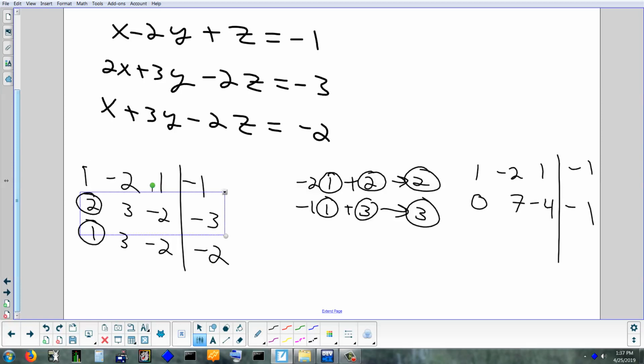Okay. Now, next calculation. -1 times the first row added to the third. What's 1 times -1? Plus 1. 0. -2 times -1, 2 plus 3. 5.